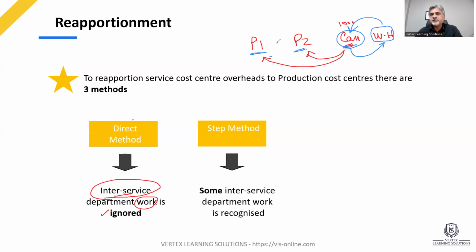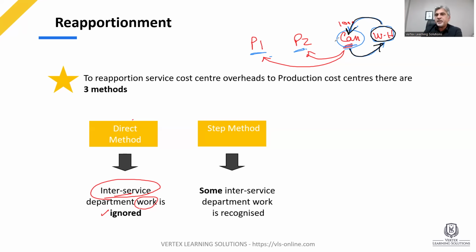Okay, that makes sense. But then, does this warehouse also provide some service to canteen? So canteen is providing service to warehouse because warehouse people come and eat food. But does warehouse department provide some service to canteen? Yes, that is also possible because canteen people have to store their food items. They have to store their goods in large quantities. They don't buy every day. They probably buy on weekly basis, and there are 500 people working.